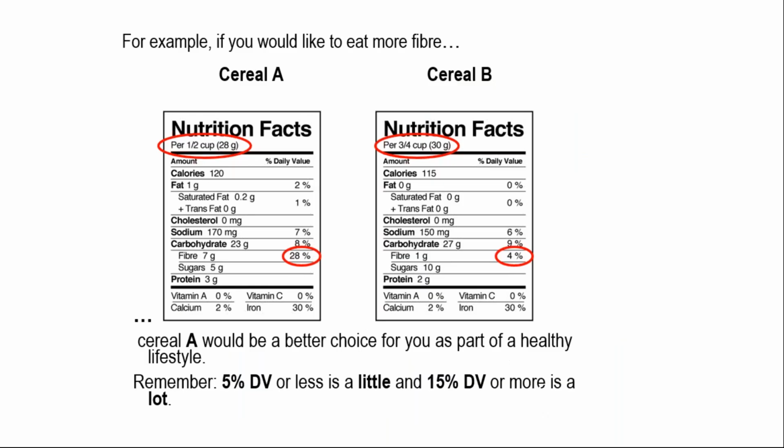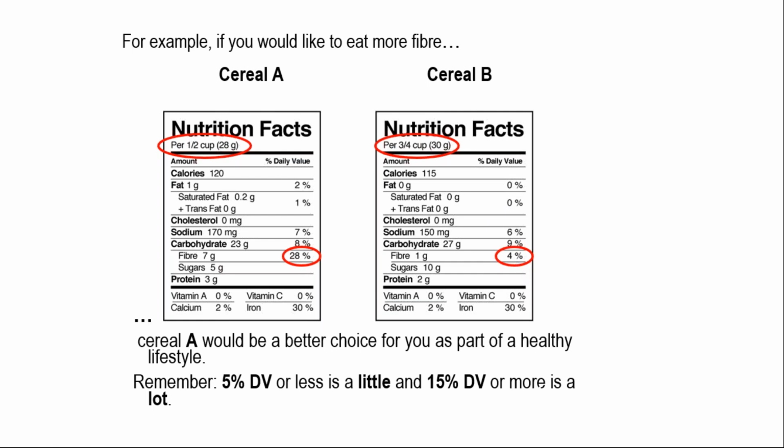So if you compare the percent daily value of these two cereals, cereal A and cereal B, and you're looking at the fiber: half a cup of cereal A gives you 28% fiber, whereas 3/4 cup of cereal B gives you only 4% fiber.